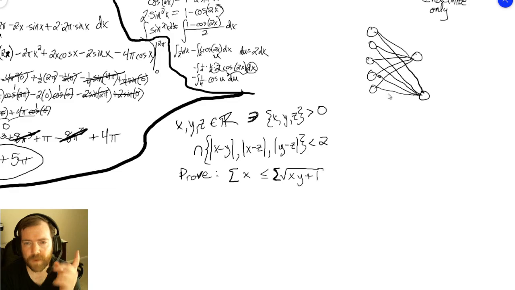And so every single one of these, when you look at the weights, this is a weight that is going from i to j, and so this is going to be weight 1,1.